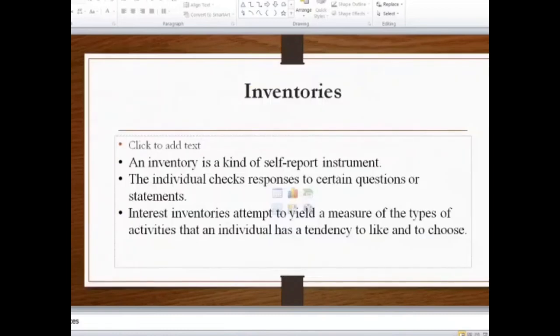An inventory is a kind of self-report instrument. The individual can check the responses to certain questions or statements, and it attempts to yield a measure of the types of activities. What are the activities that an individual has a tendency to like or to choose? These can be assessed with the help of inventories.